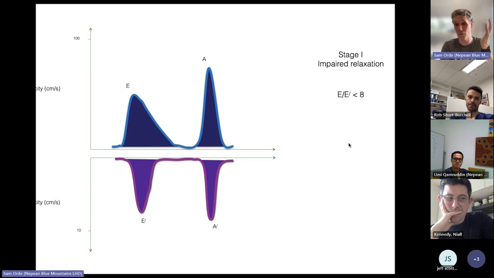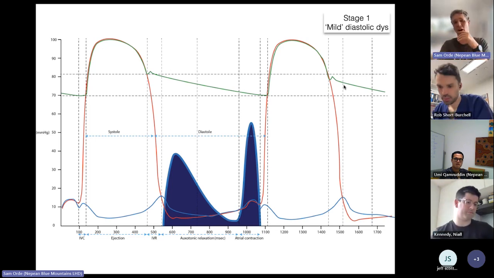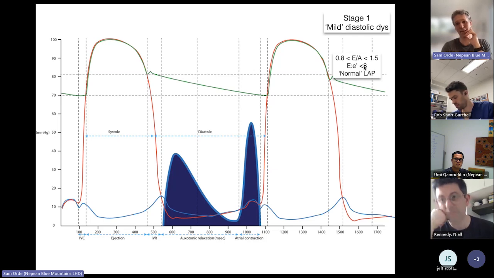But you don't have horribly raised left atrial pressure, so often the E to E prime is less than 8. Okay, so this is what it looks like. Elongated E wave, so it's a bit longer. Decel time is a bit flatter. The E to A ratio is normally less than 0.8, and the E to E prime is less than 8.